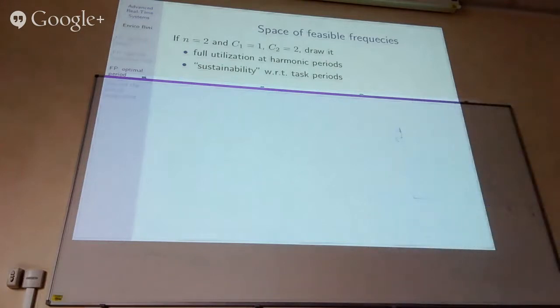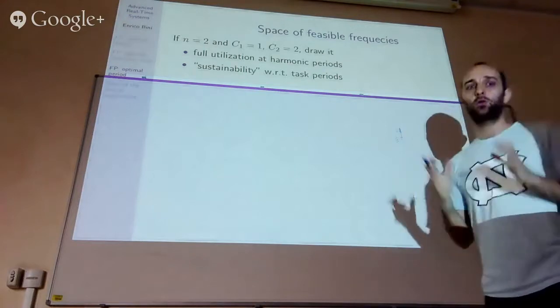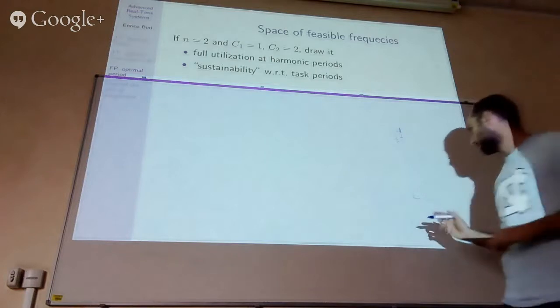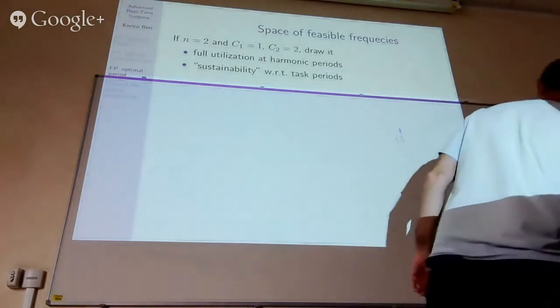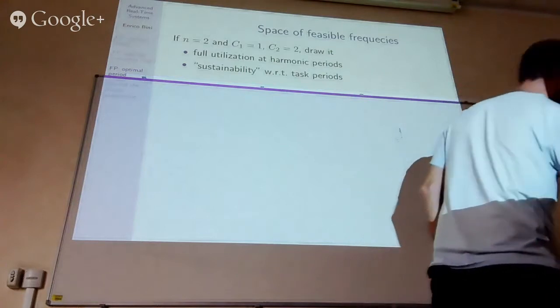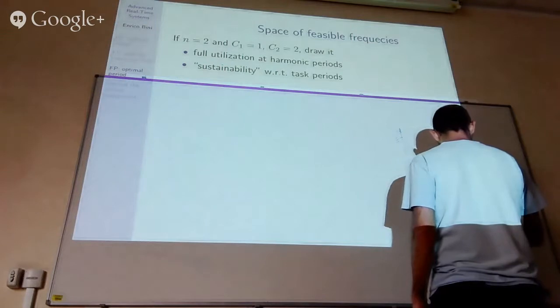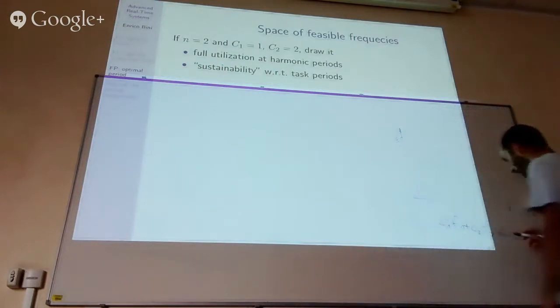Let's first make some clear statements. First of all, it has to be contained in the EDF schedulability condition. The EDF schedulability condition is this one. We have two variables, so I can avoid the summation: C1 F1 plus C2 F2 less than or equal to 1.